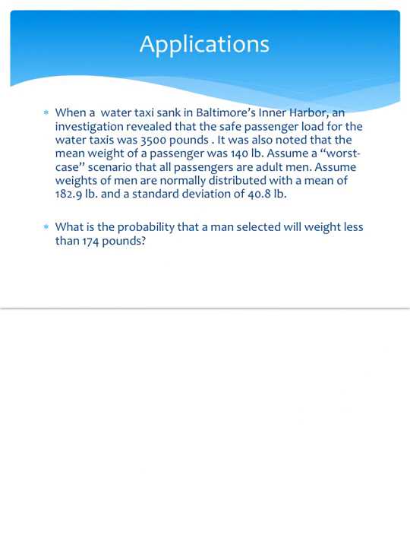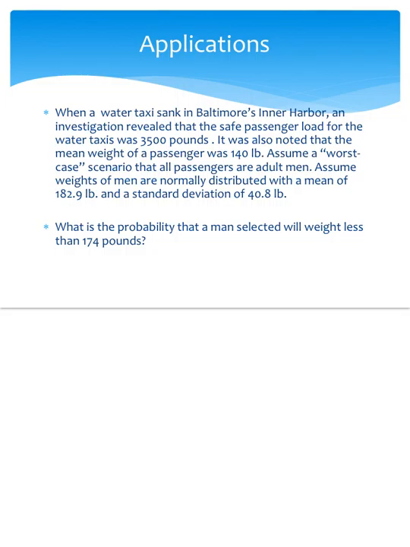I'm going to have you do one on your own, and I want you to input your final answer to the screen to the right, but I want to talk you through it first. A water taxi sank in Baltimore's Inner Harbor, and an investigation revealed that the safe passenger load for water taxis was 3,500 pounds. It was noted that the mean weight of a passenger was 140 pounds.